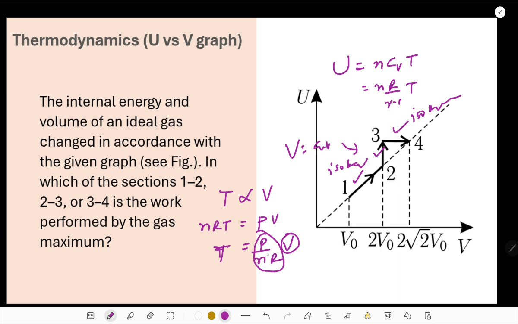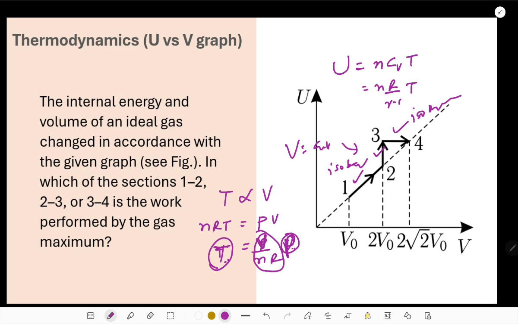So in this case, U I should think of like T, and T can be written as this, and here V is a constant, so V should take a place here and P should be here.